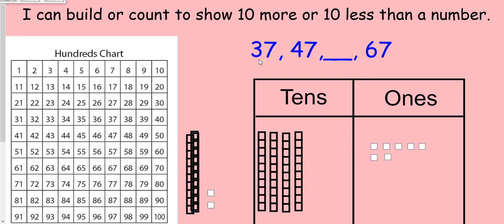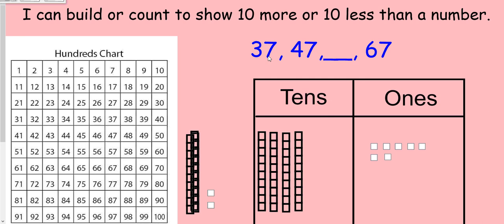Read the numbers with me. 37, 47, blank, 67. First thing we need to do is decide what are we counting by here. Let's look at our tens place and our ones place.